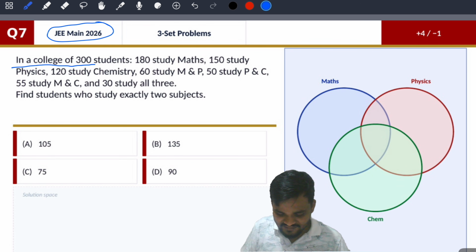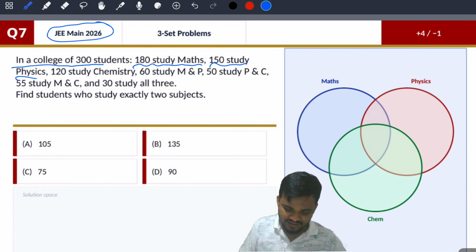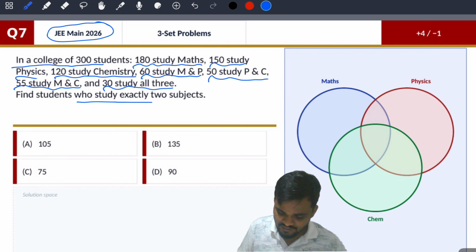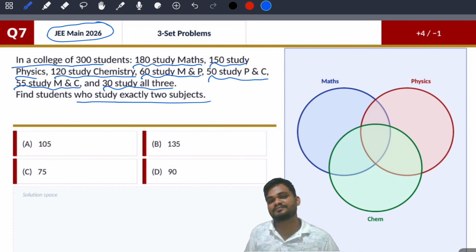In a college of 300 students, 150 students study math, 150 study physics, 120 study chemistry, 60 study math and physics, 50 study physics and chemistry, 55 study math and chemistry, 30 study all three subjects. Find the students who study exactly two subjects.